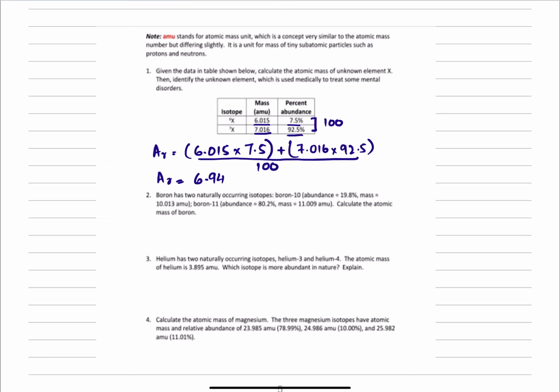6.94. Now I will go to the periodic table and see which element has a mass of 6.94.